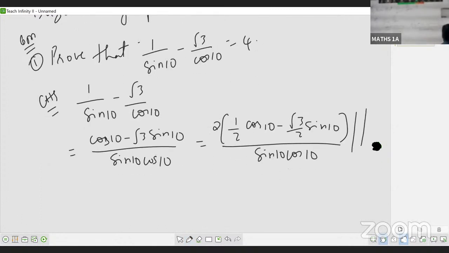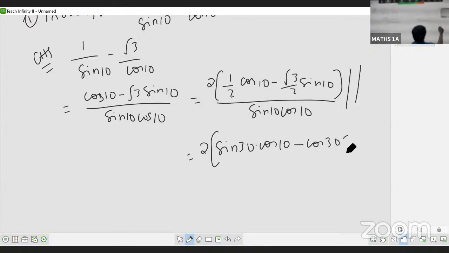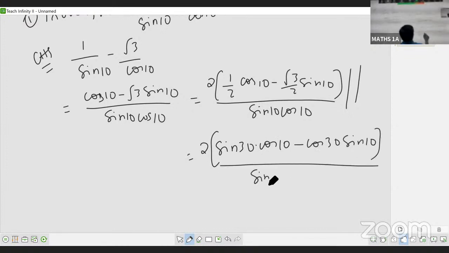Okay. Now this I am going to write as, that is nothing but 2 into sine 30, 1 by 2 I will write as sine 30 cos 10 minus cos 30 sine 10, divided by sine 10 cos 10. How does it look?